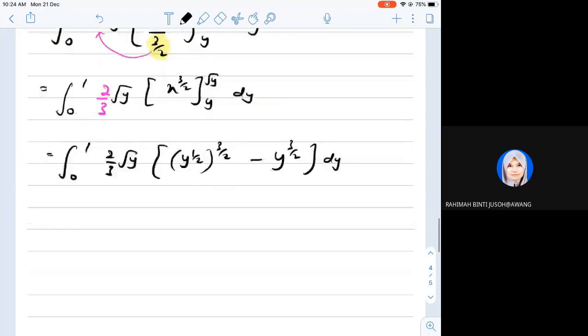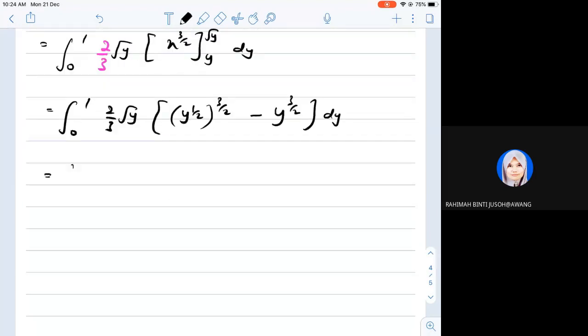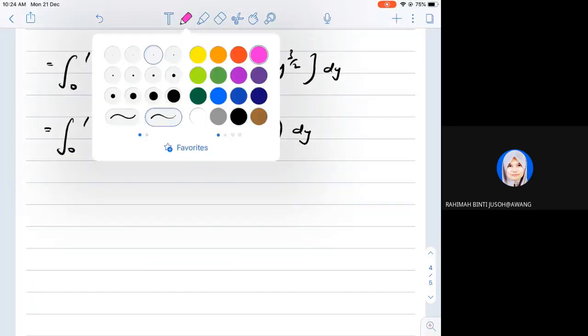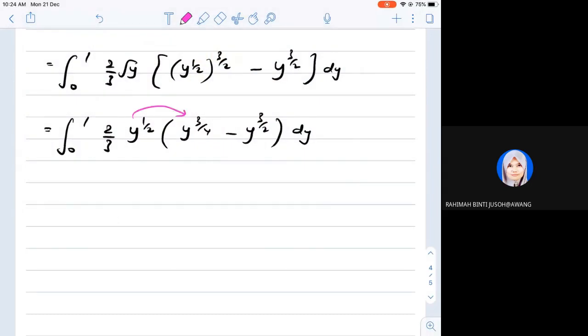Okay, so now 0 until 1, 2 over 3, y to the power of half, like this, 3 over 4 minus y to the power of 3 over 2. And then you have to multiply with square root of y here and here.